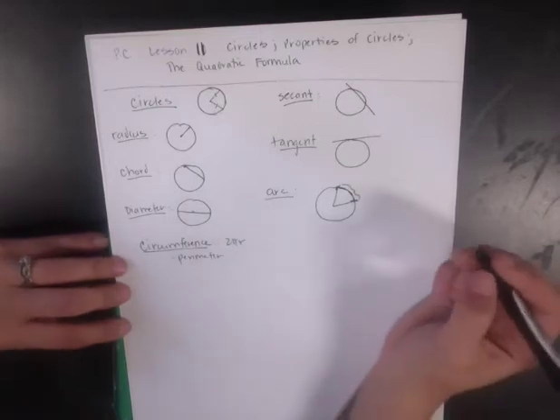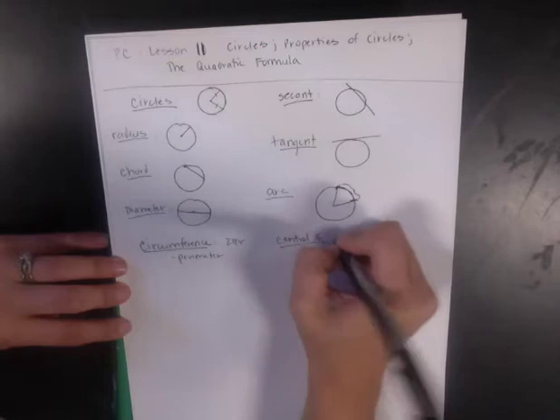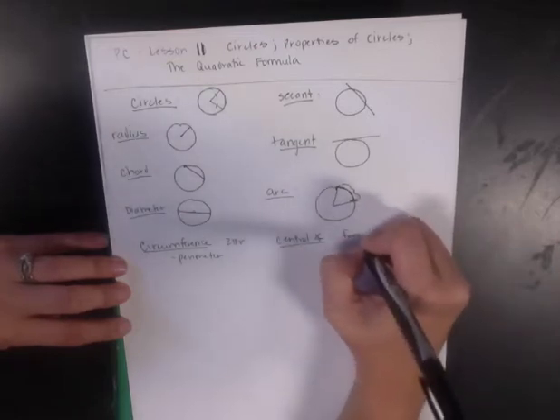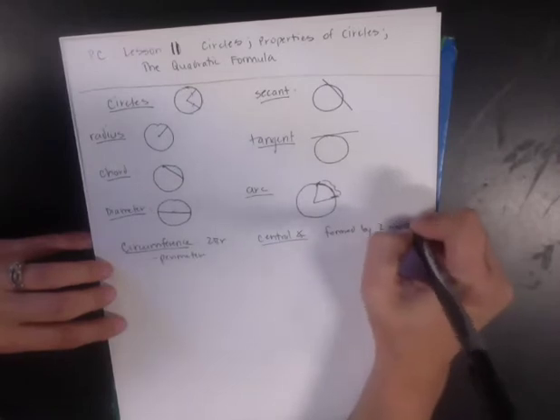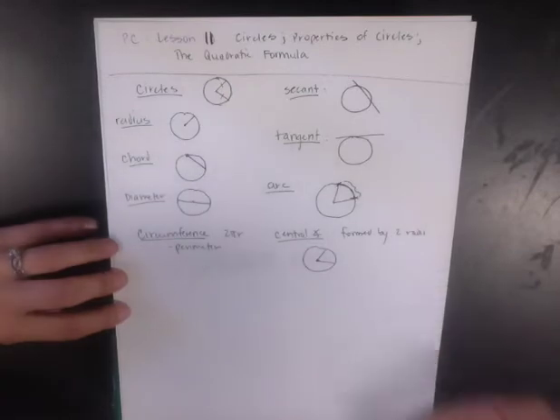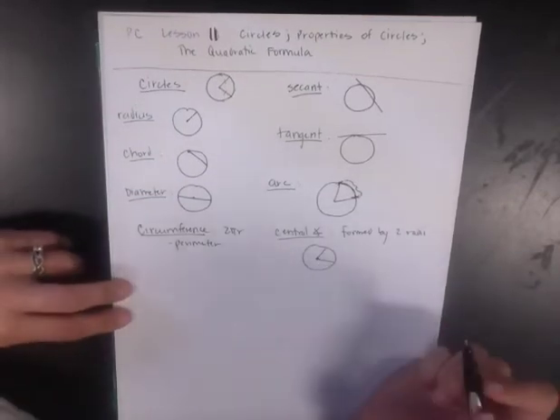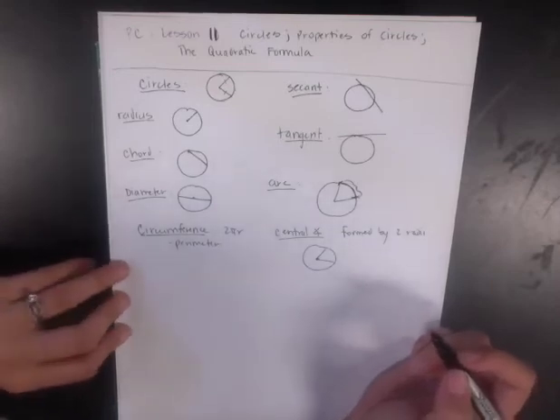Okay. A central angle is formed by 2 radii. And it could look like this. It's formed by 2 radii, which means it goes through the center. Okay.